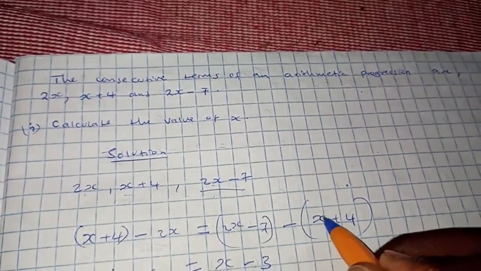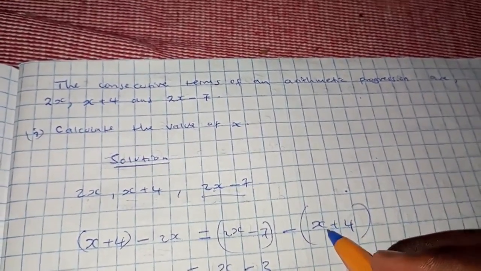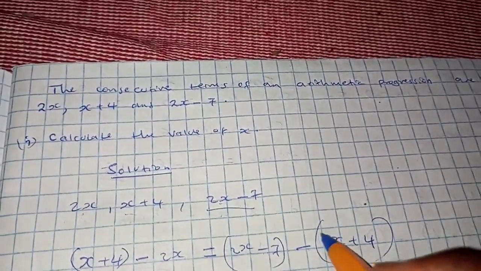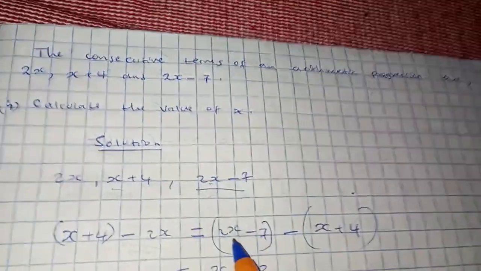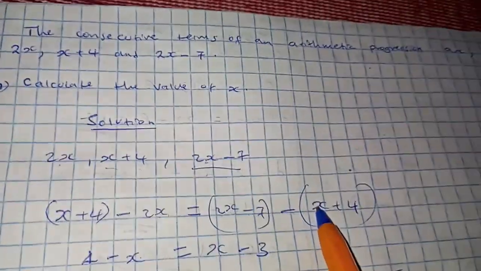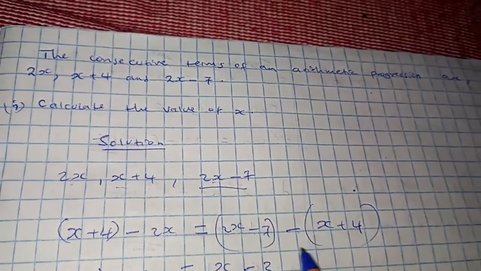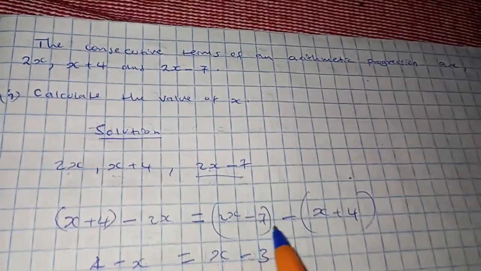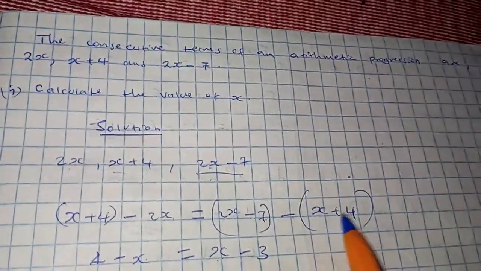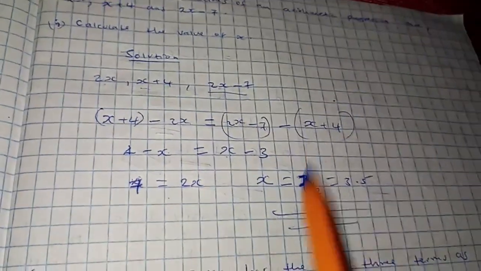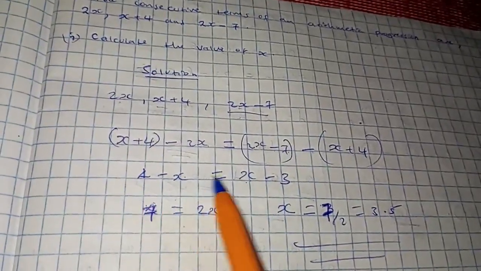You can just do the direct summation, or else you can add a negative here so that a positive here and negate here, but I don't want to confuse us, so let us just take it as direct as it is. So we have 2x minus x, you will have x, then minus 7 plus 4, you have minus 3, so that you have 4 minus x equals to that one.